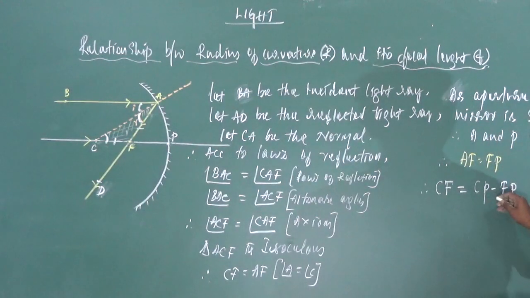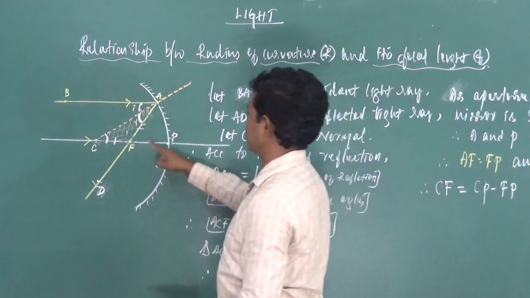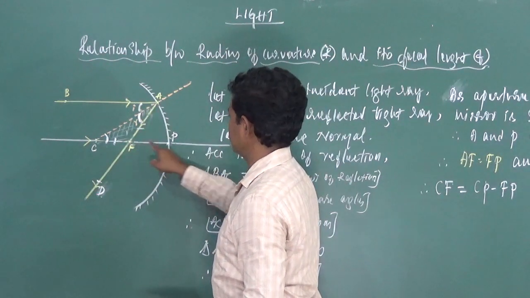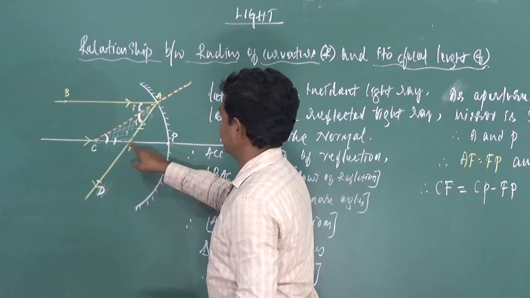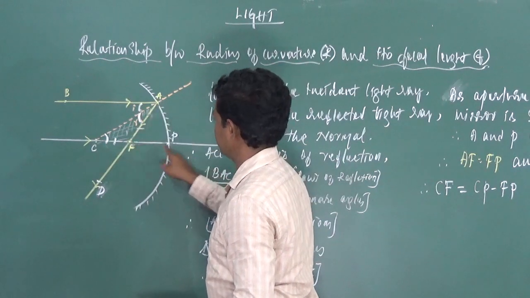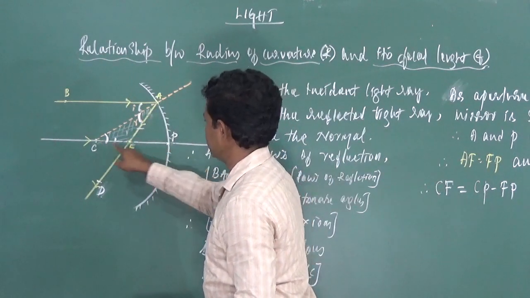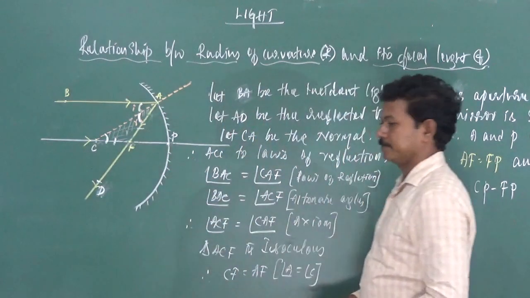Another conclusion we can come to here: AF is equal to FP, then CF is also equal to FP.